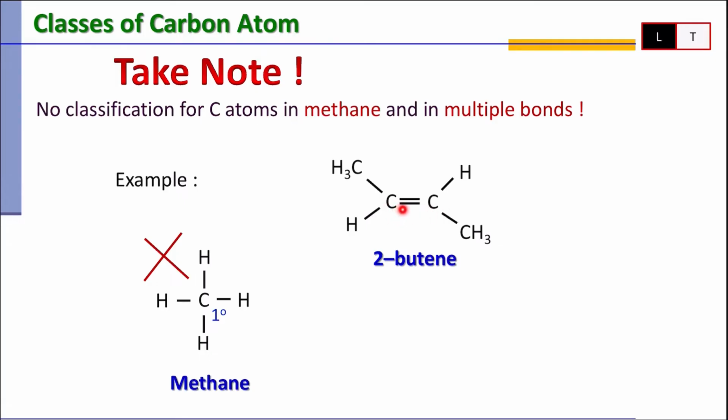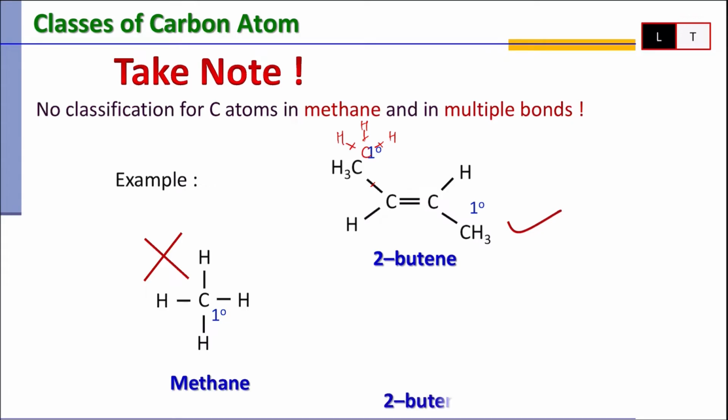So, apa yang saya akan kelaskan? Saya akan kelaskan carbon yang dekat tepi ni, CH3. Sebab kalau saya open this one, saya akan dapat carbon bonded kepada 3 hydrogen. Like this. So, maknanya ada 1, 2, 3, 4 bonds. So, ini yang saya akan kelaskan. Saya akan kelaskan dia sebagai primary dan juga primary for these 2 carbon atoms. So, this is correct.